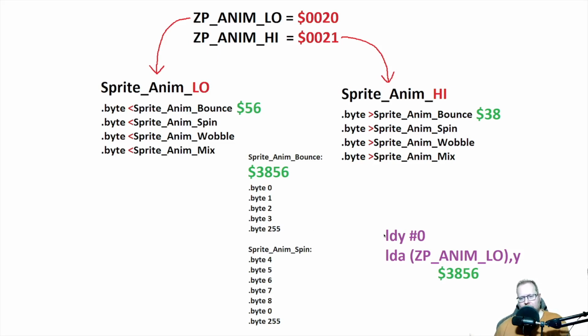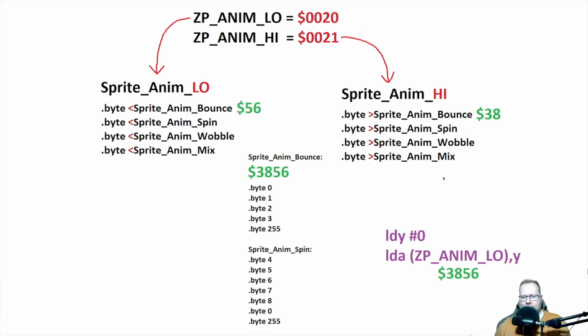So when I write LDY 0, LDA (CP anim low), comma y. So remember this parenthesis thing, comma y, that's zero page addressing, indexing. When we write it like this, cp anim low is just a constant for this memory address.